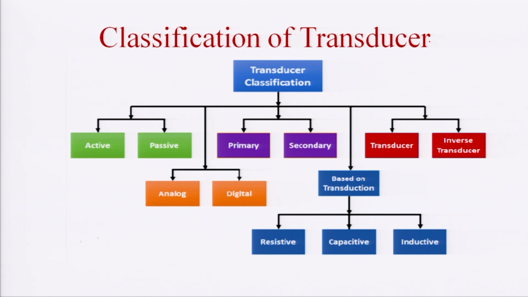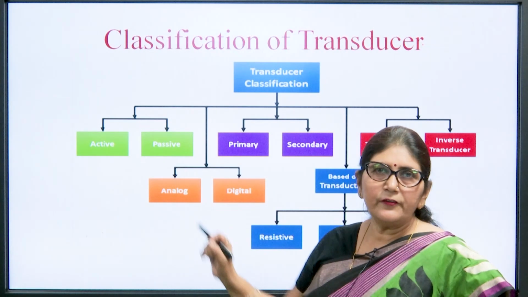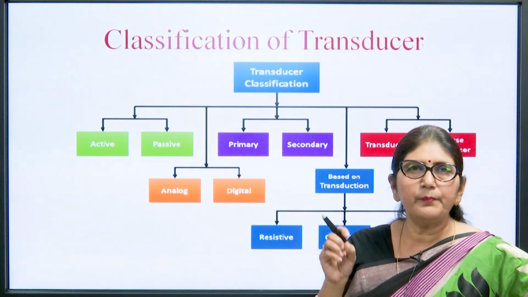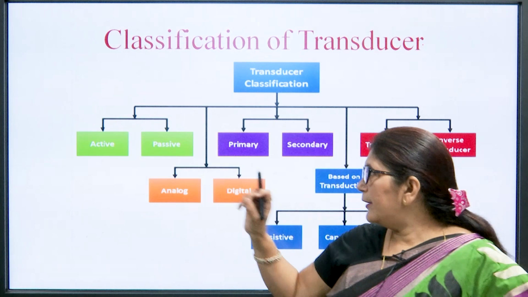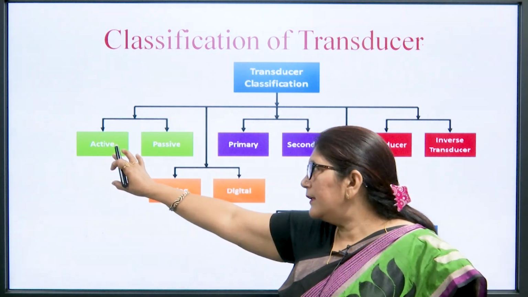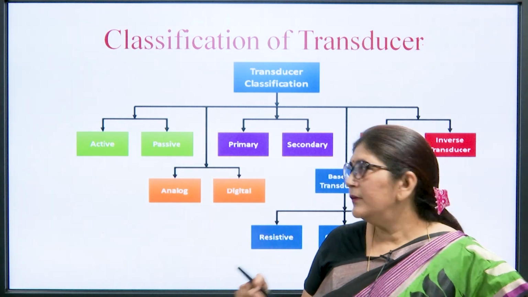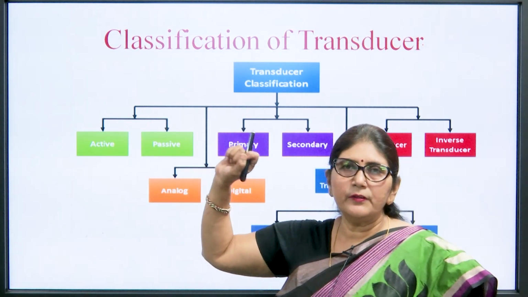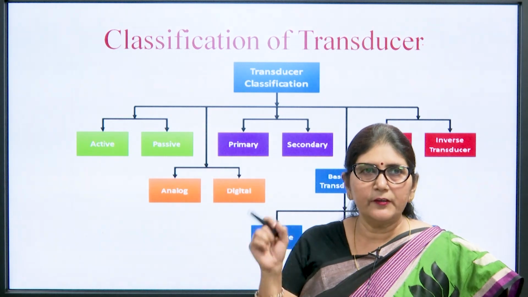The first classification is active and passive. We can classify whether the transducer is using a power supply or not. If a transducer does not require any power supply, then it is an active type of transducer. As an example of an active transducer, we can take the piezoelectric crystal.